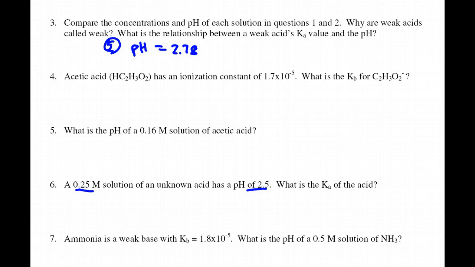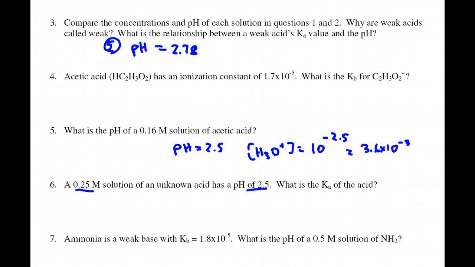If pH is 2.5, we can figure out the concentration of H3O plus by taking 10 to the power of negative 2.5. That should give us a concentration of H3O plus of 3.6 times 10 to the power of negative 3.